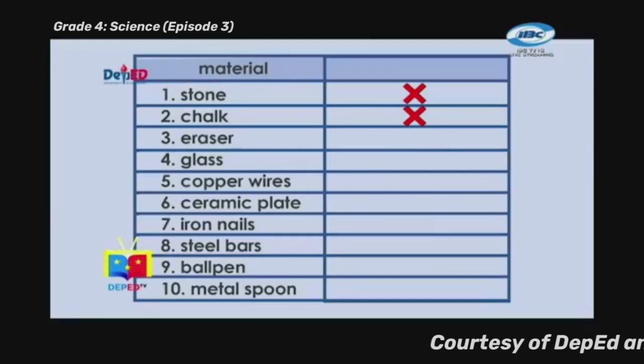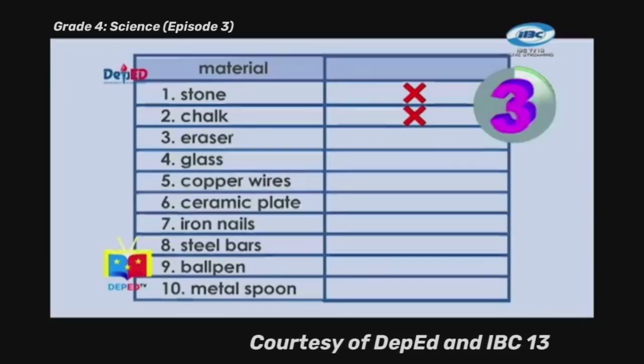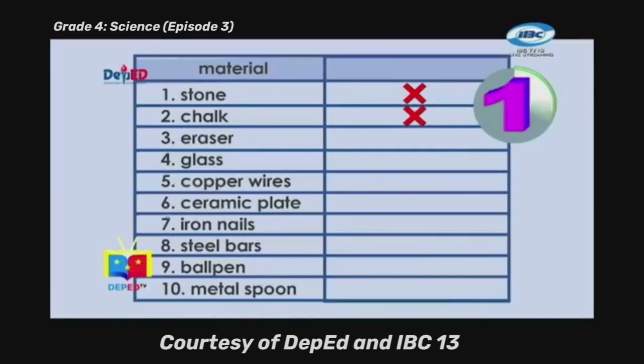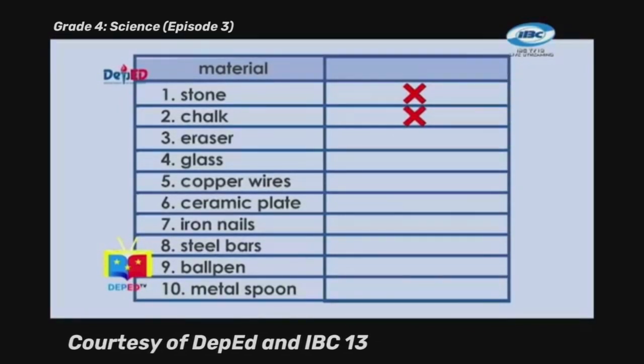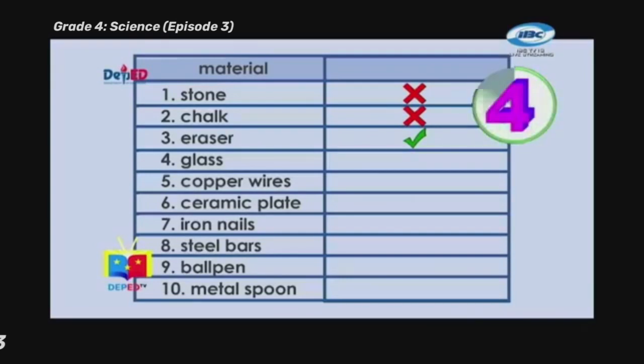Our third material is an eraser. An eraser can be bent. Our fourth material is a glass. A glass cannot be bent.